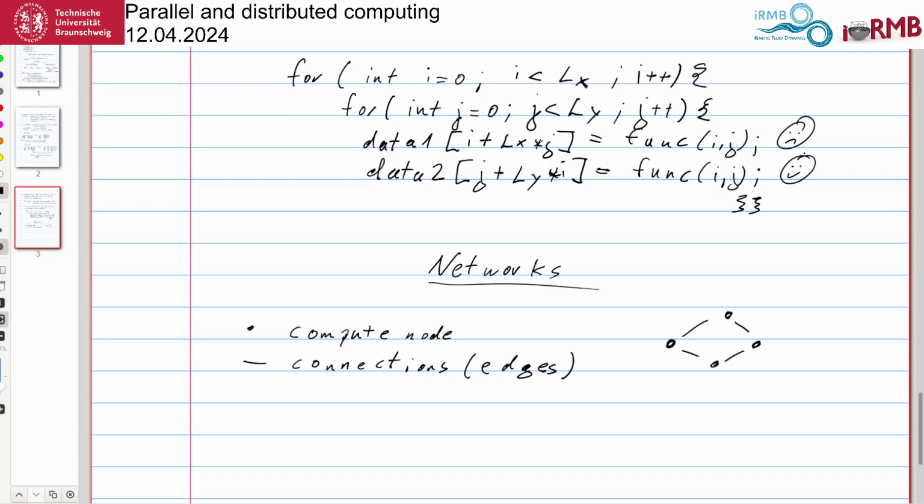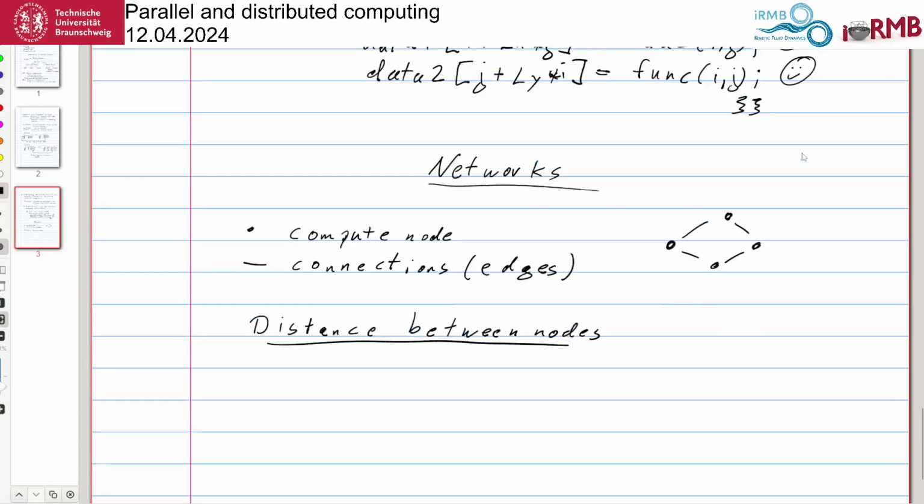Now we have to introduce a few terms. This is, for example, the distance between nodes. What do we mean by the distance? What is the distance between this node and that node?